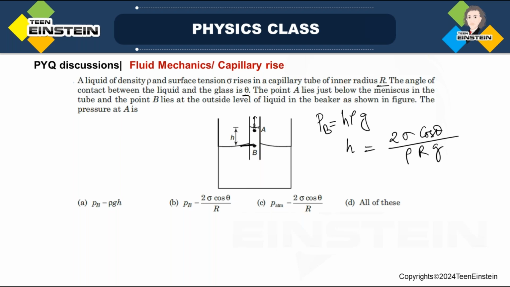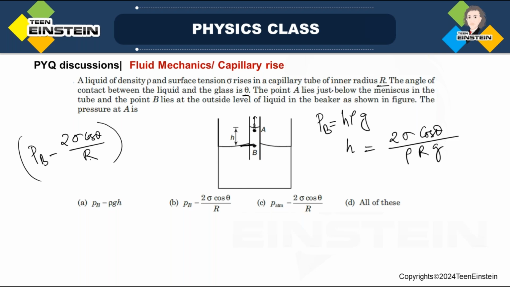This excess pressure is 2 sigma cos theta by R. That means PB minus this will be the pressure at this particular point. PB is the atmospheric pressure and here it is actually excess pressure.